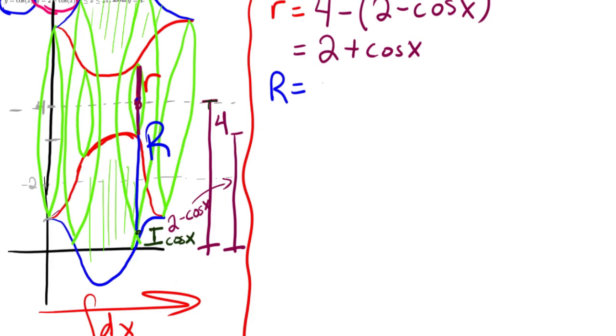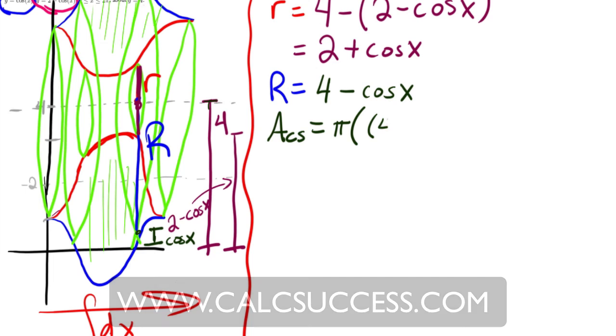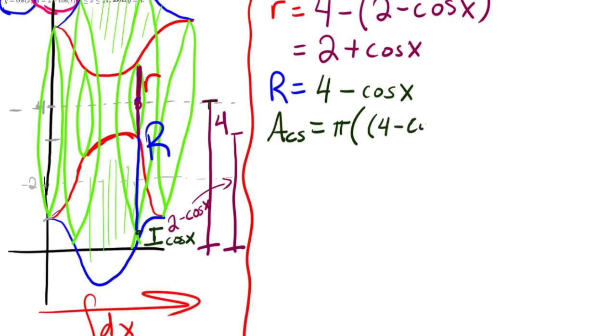And so the big radius is 4 minus cosine of x. Okay, so then the area of my cross section, my washer, is simply equal to pi times big R squared, so (4 minus cosine x) squared, minus little r squared, which is (2 plus cosine x) squared.